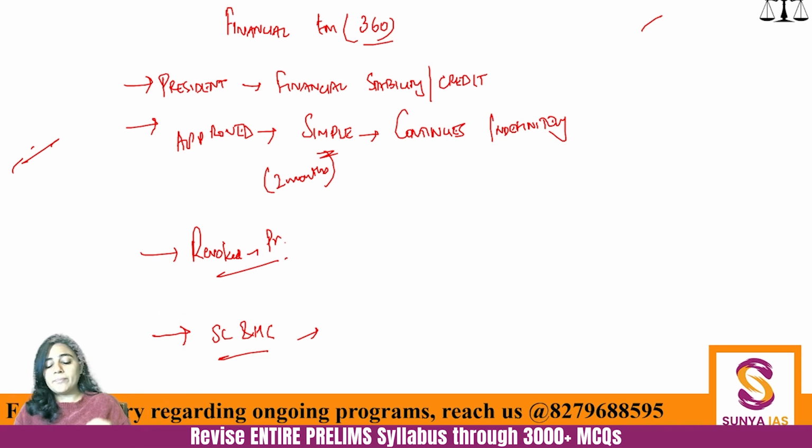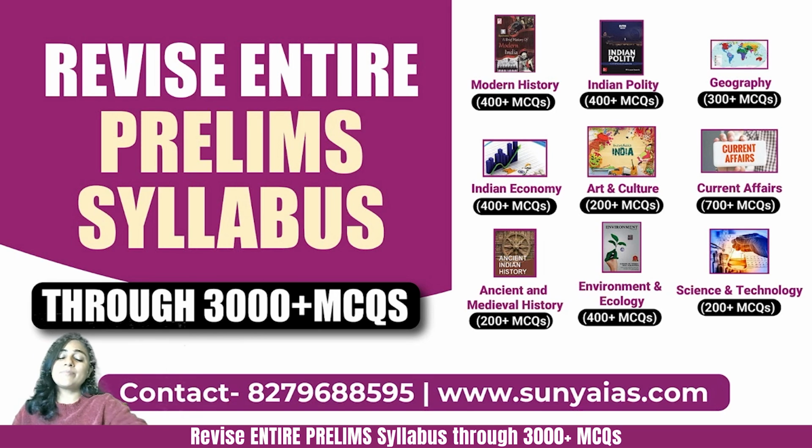This is something that is doubtful for most people, whether Supreme Court and High Court judges' salary can also be reduced. It can be reduced. See, the entire country is under threat, right? So even the judges have to suffer. That is the thing. So we have done the topic of emergency.